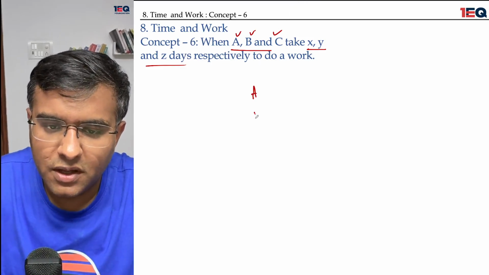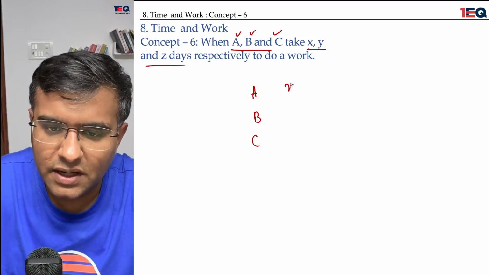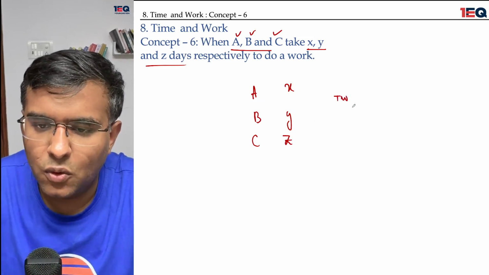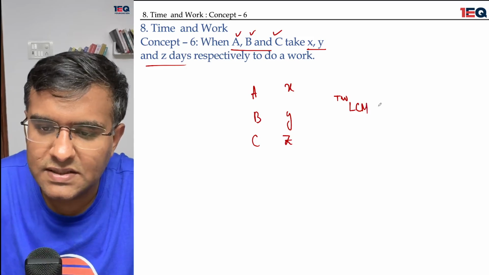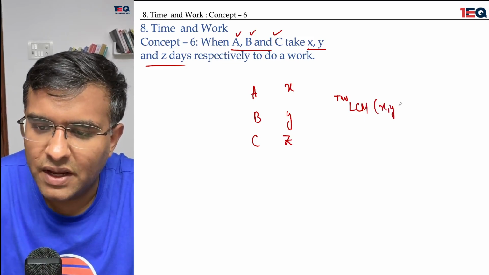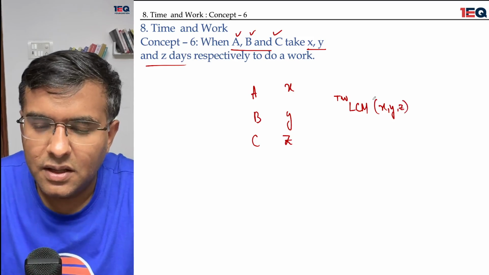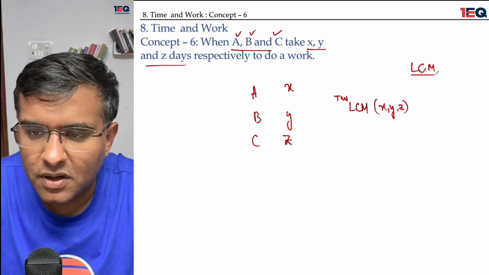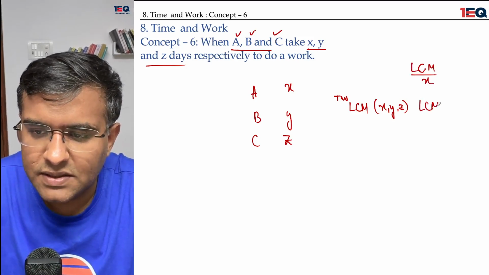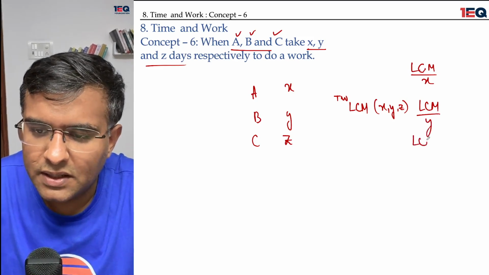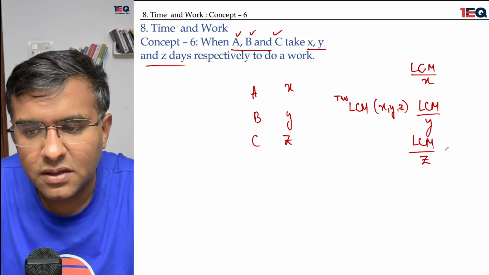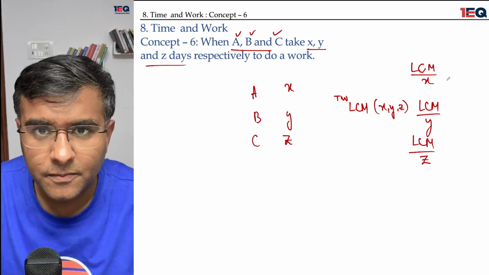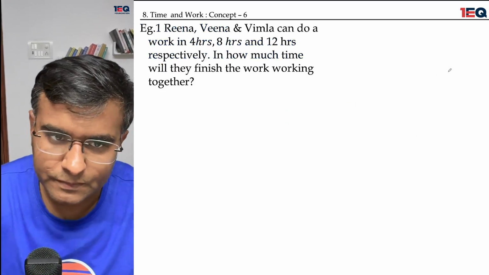If A, B, and C are working, and they take X, Y, and Z, the total work is going to be the LCM of X, Y, and Z. The efficiencies are also going to come in the same way: the LCM divided by X, the LCM divided by Y, and the LCM divided by Z. Got it? I'll move on.